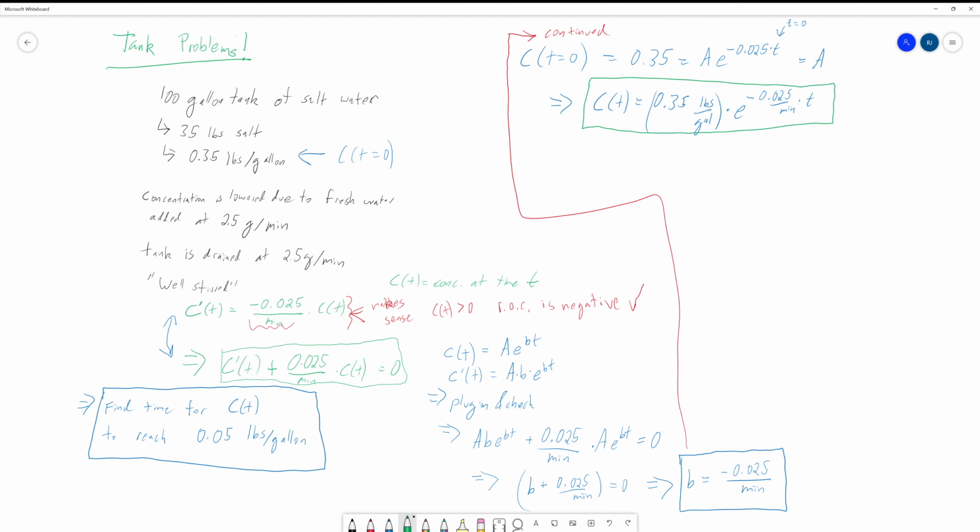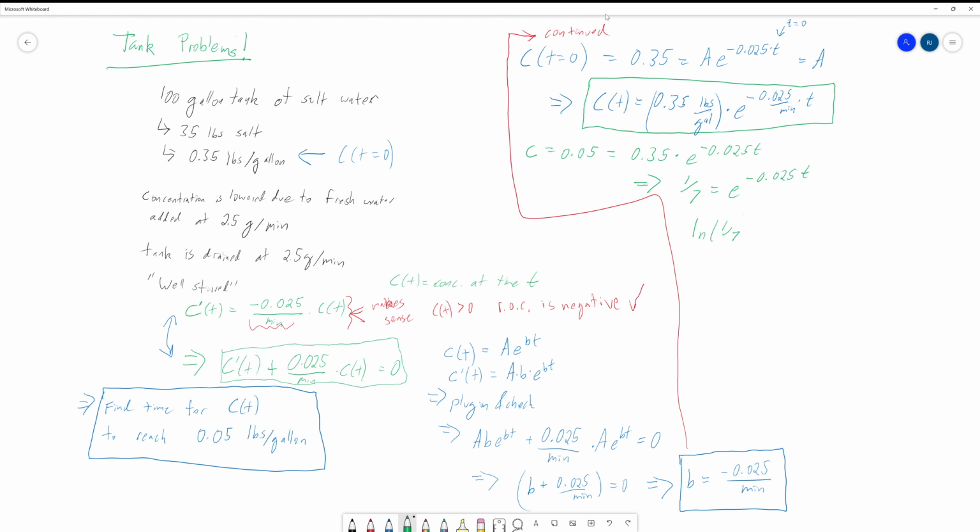Okay. And now we want to find the time where concentration equals 0.05. So that is going to equal 0.35 times e to negative 0.025 t. Divide both sides by 0.35 is going to be 1/7 equals e to negative 0.025 times t. Take the natural log of both sides.